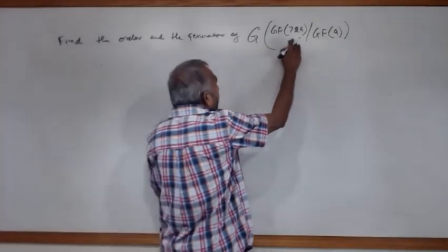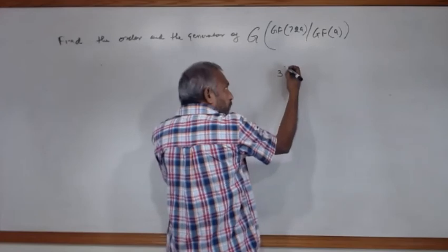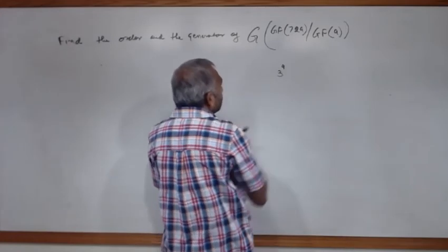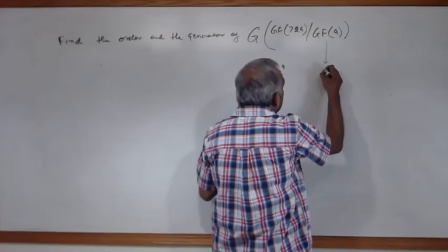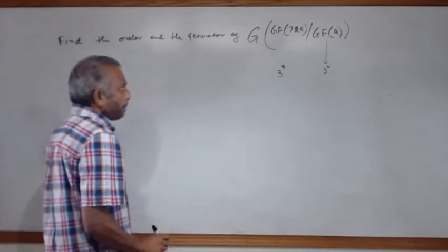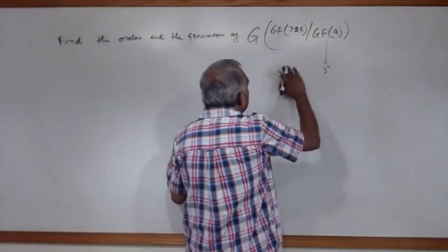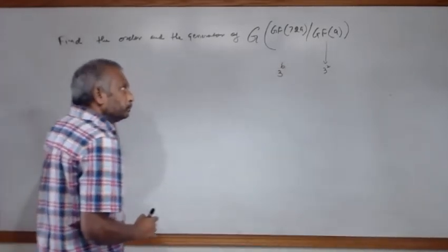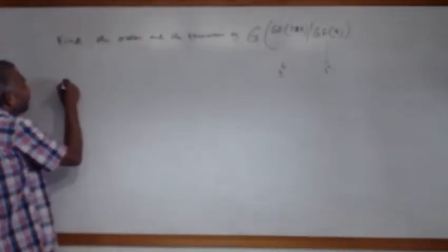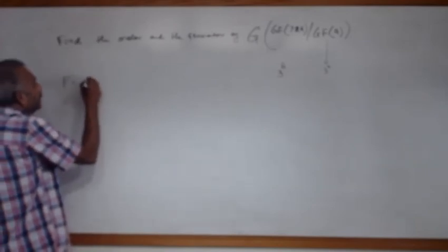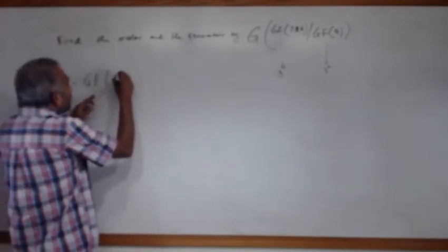See, this is a finite field of 3 to the power of 9. And this is a finite field of 3 square. Oh no, this is 6, I think. This is 6. Okay. So in our earlier theorem, F is equal to the Galois field of 3 square.